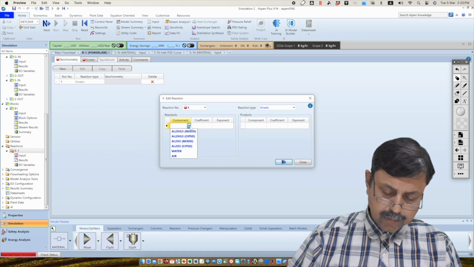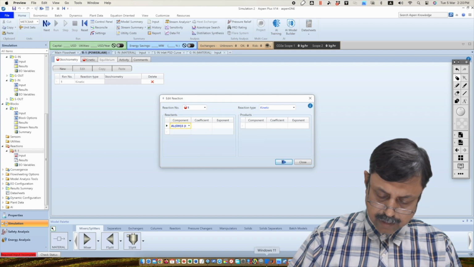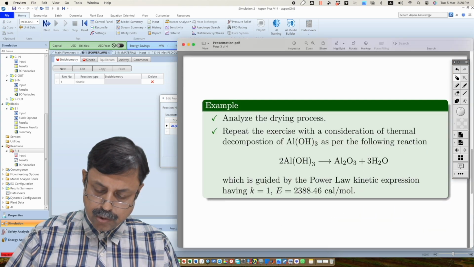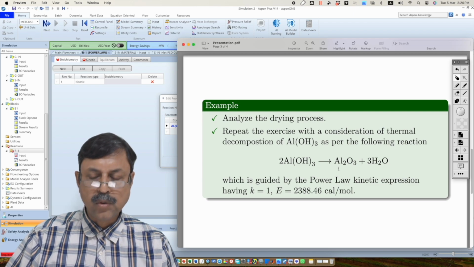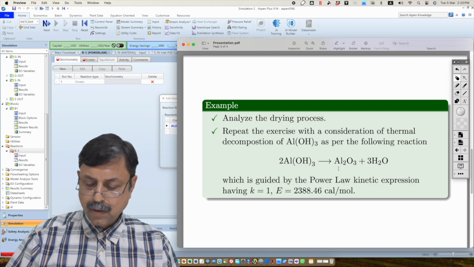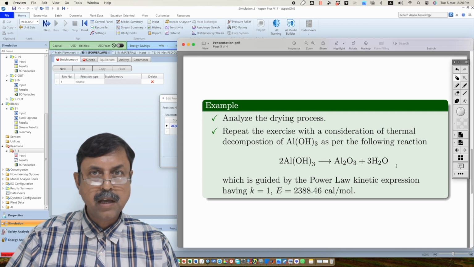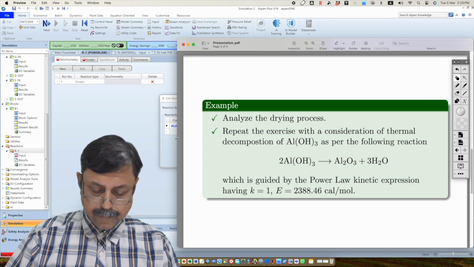So this is aluminium hydroxide. Let us see what the equation is. This is 2 aluminium hydroxide converts into 1 mole of aluminium oxide and 3 moles of water.